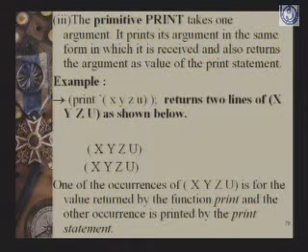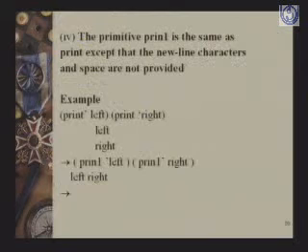However, in some situations, we don't want the current line to be left and to go to the next one. Rather, we like to print the values on the same line. This is not possible with the print command. For this reason, print1 is used.